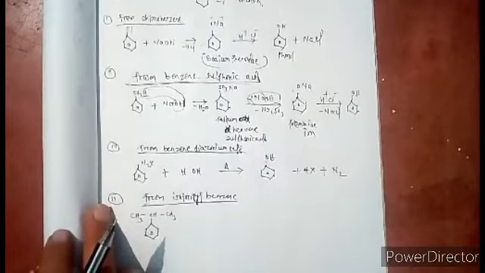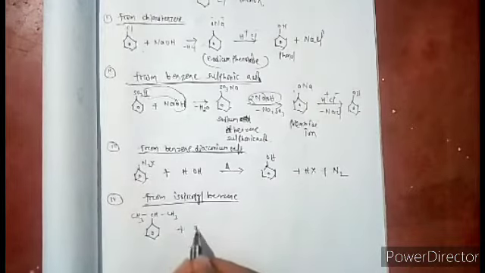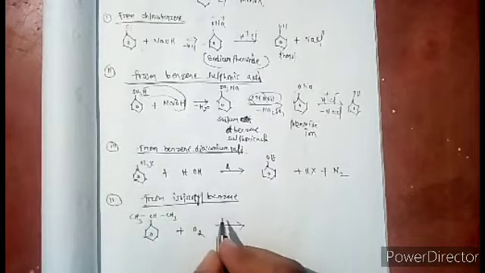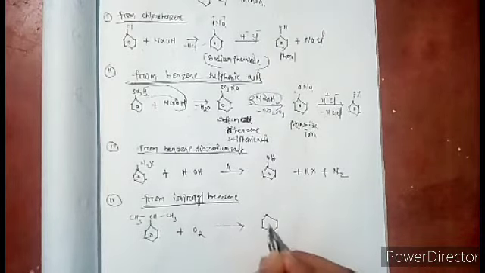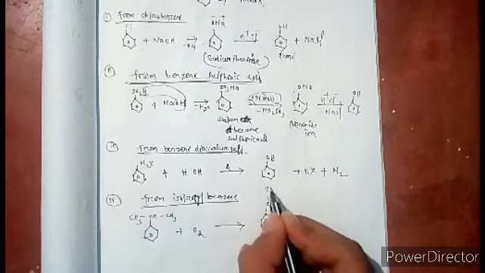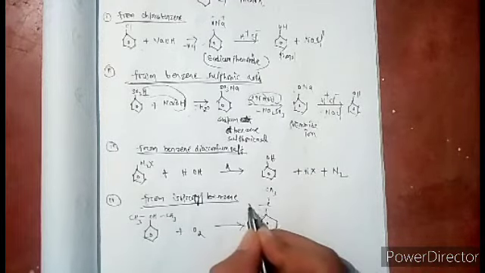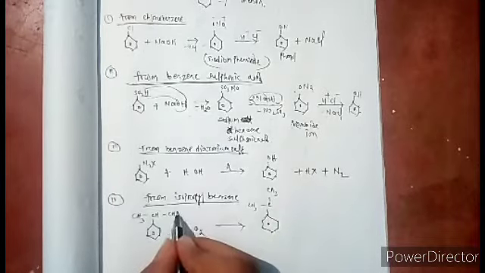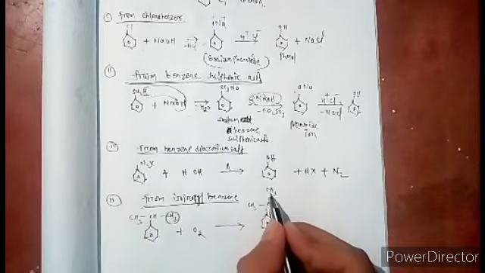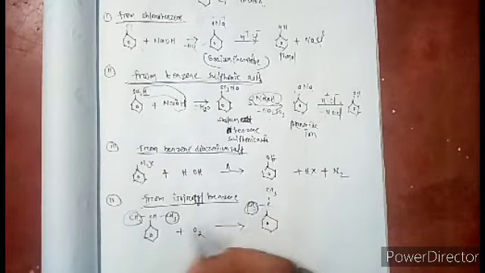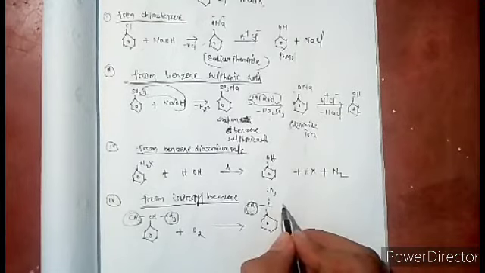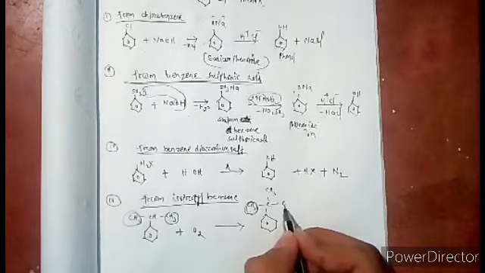When isopropyl benzene reacts with oxygen, it results in a structure where the CH3 groups are attached to the top carbon atom, and here O, then OH.